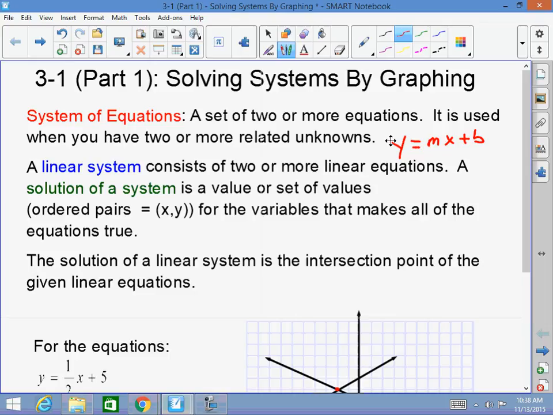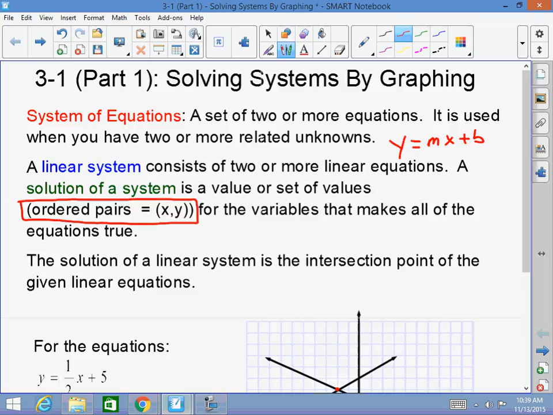Now, a solution of a system is a value or set of values, ordered pairs, my x comma y, for the variables that make all of the equations true. In order for there to be a solution to a system, that solution has to work in all of the equations that I give you, or that the book gives you, or that the test gives you, or that life gives you.